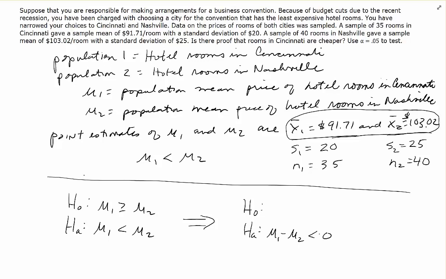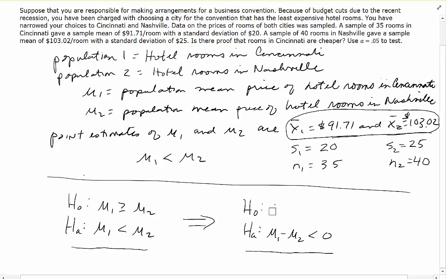If mu1 minus mu2 is less than 0, in other words, it's negative, that must mean that mu1 is smaller than mu2. The reason it's written this way is because the sampling distribution of the differences in the sample means is normal. And we already have established a model for the normal distribution.